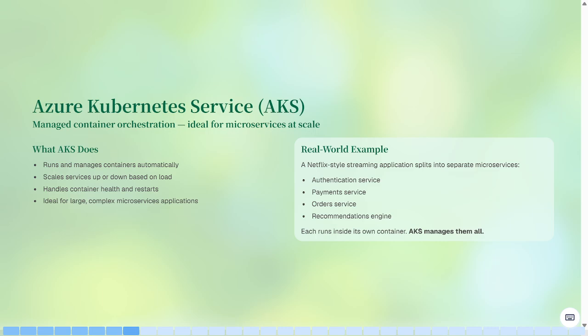Now imagine your application doesn't have just one container. It has hundreds or even thousands of containers. Managing all of them manually would be extremely difficult. This is where Azure Kubernetes comes in.